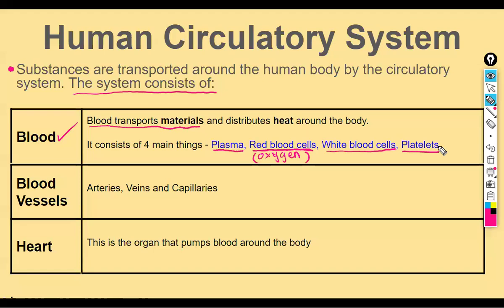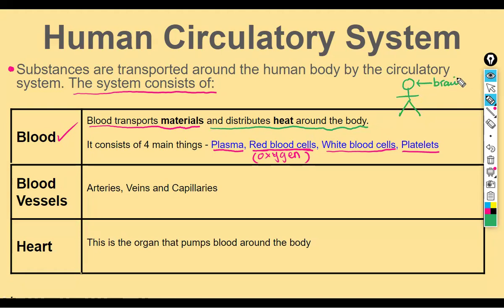But a lot of people don't know this about blood. Blood actually distributes heat around the body, so blood is one of those things that helps to regulate the heat around the body. For example, I'm just making up a scenario here. Let's say that your brain is overheating.